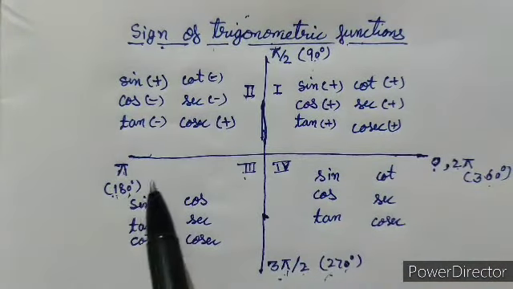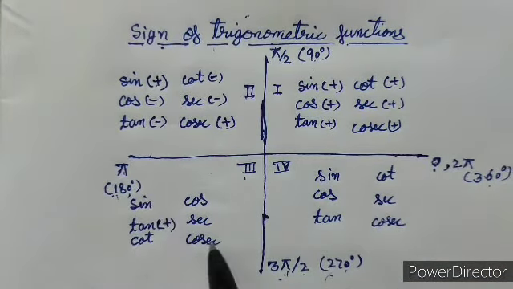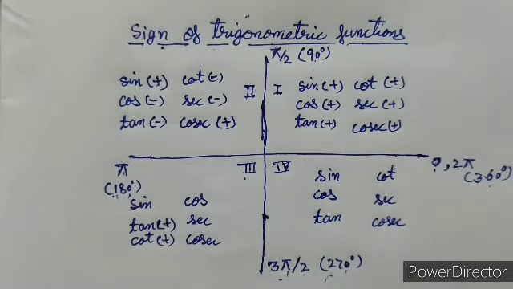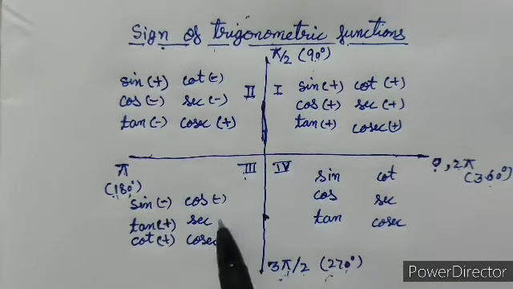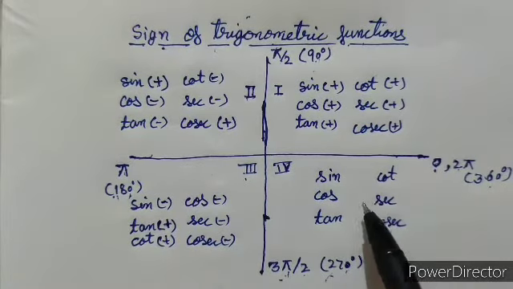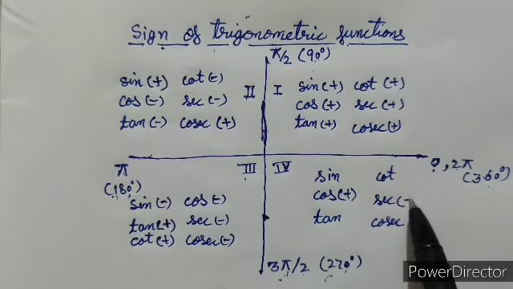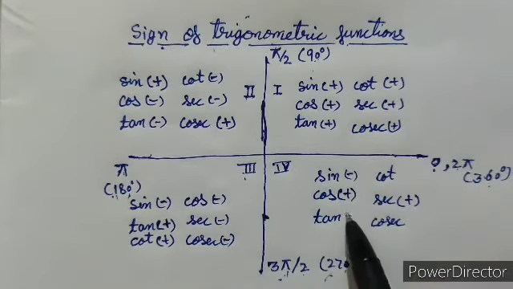In third quadrant, the sign of tan and reciprocal of tan, that is cot, will be positive and the sign of other trigonometric functions is negative. In the fourth quadrant, the sign of cos and the reciprocal of cos, that is sec, is positive and the sign of other trigonometric functions is negative.